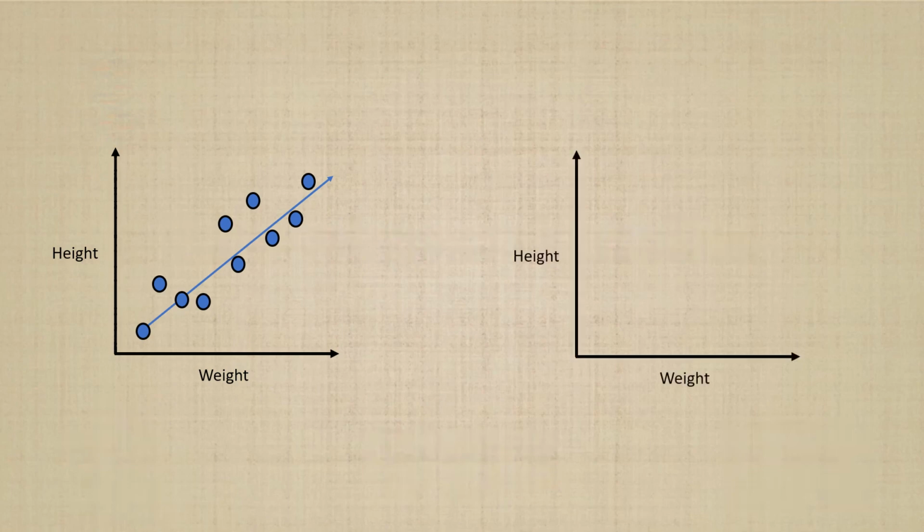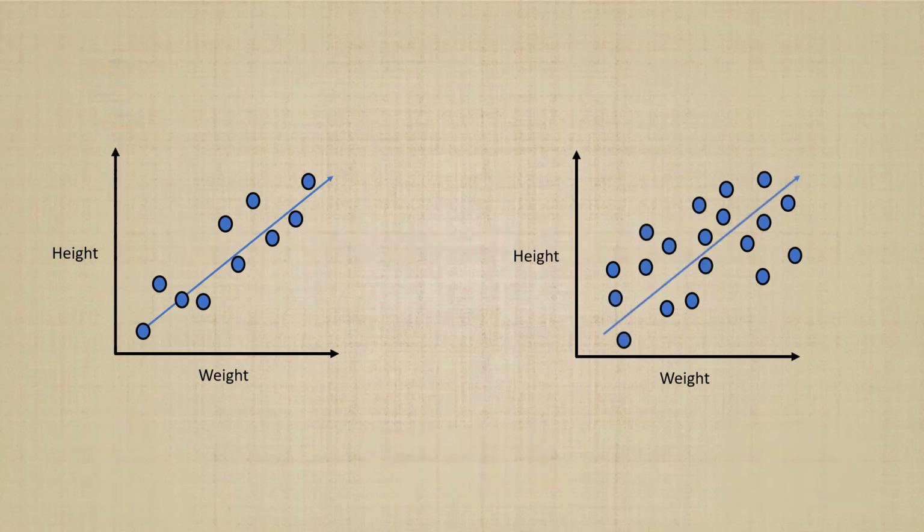However, on the second graph, there's a weaker relationship between height and weight, meaning the data points are further from the trend line. This means that we're not able to see the relationship with a small sample. We are only able to see the relationship between these variables with a larger sample. Therefore, larger samples are needed to detect smaller effects.